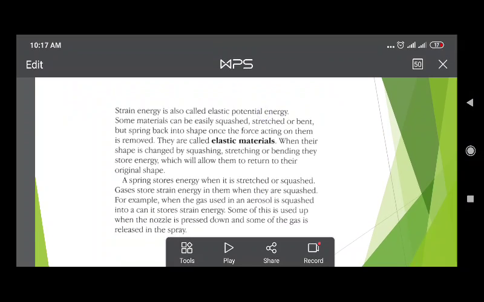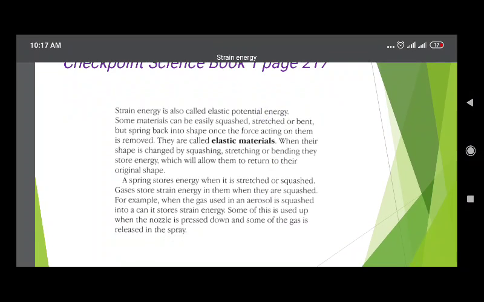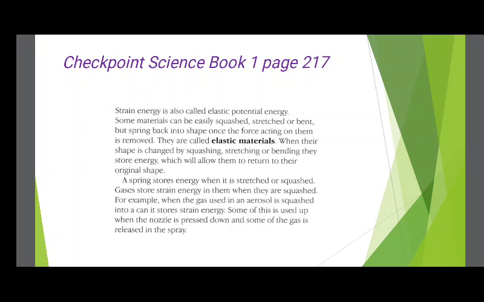So the word spring back, that's a verb, I guess, meaning it goes back to its original shape once you release the force which was stretching them, squashing them, bending them, or compressing them. So they are called elastic materials.